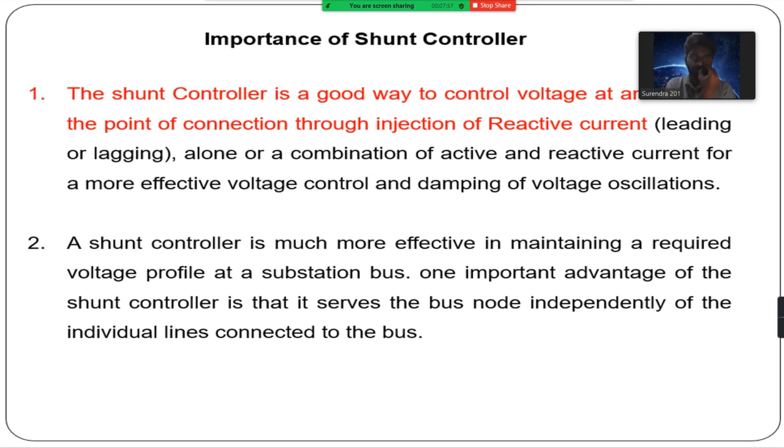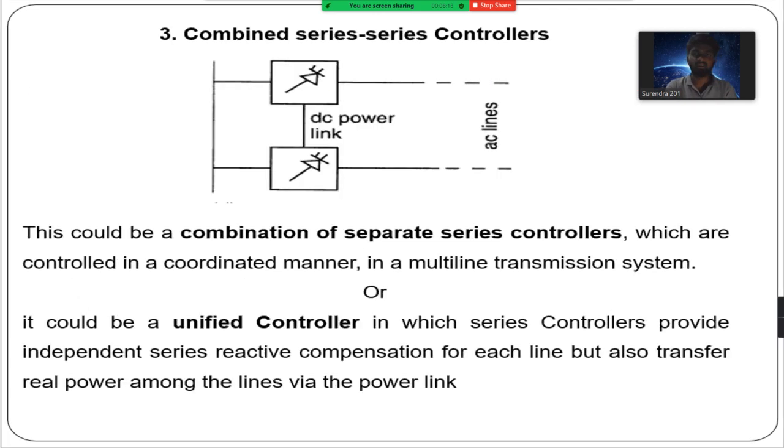It is very effective in maintaining a required voltage profile at a substation bus. One important advantage of the shunt controller is that it serves the bus node independently of the individual lines connected to the bus. So, this is the importance of the shunt controllers in our daily life.